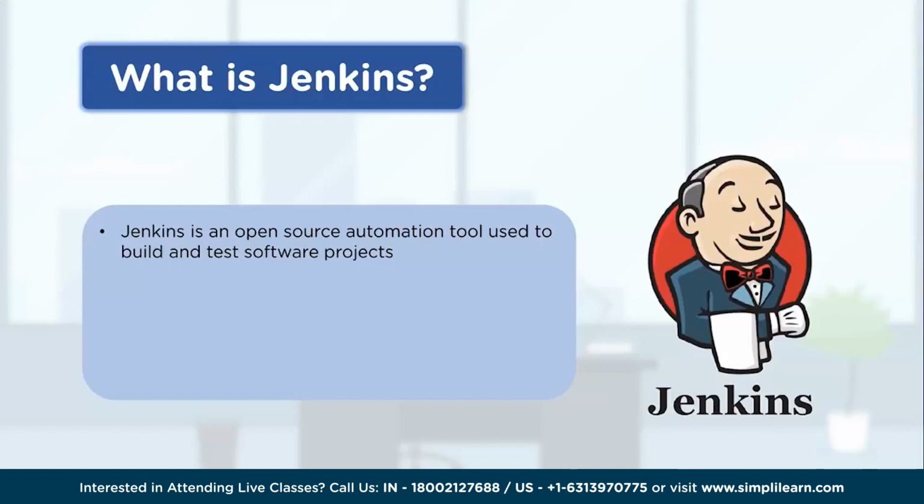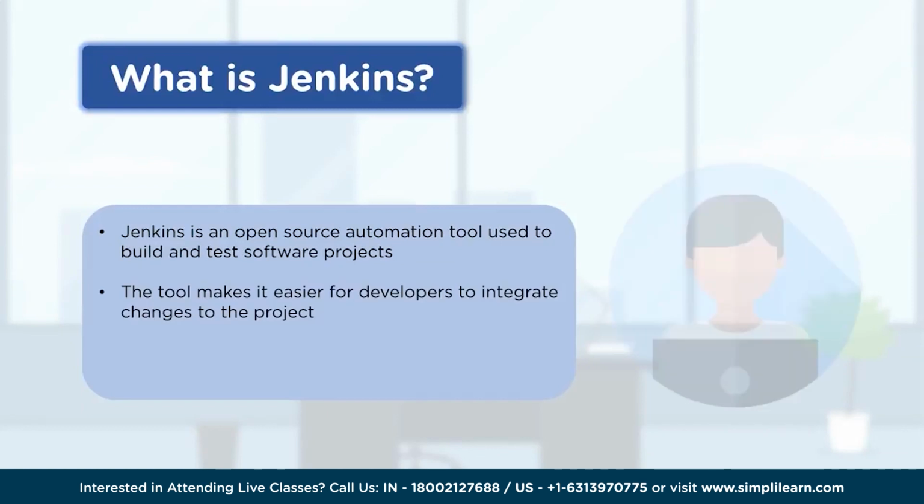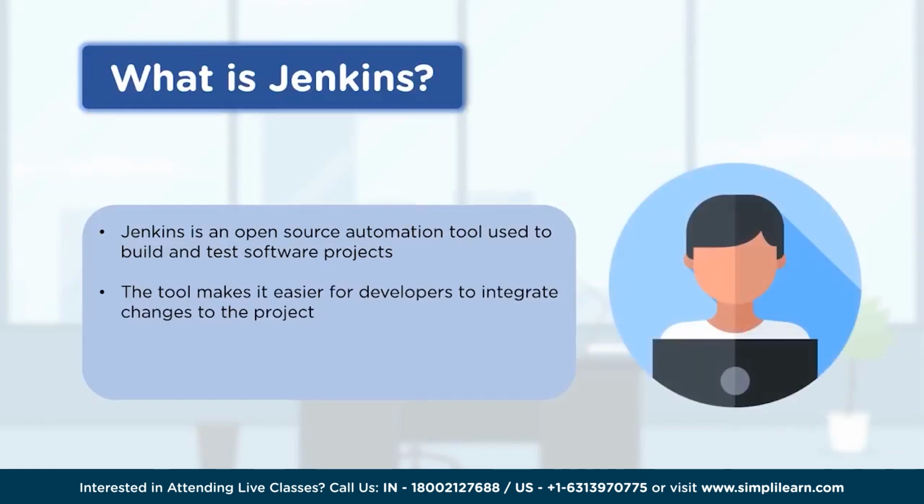Jenkins is an open source tool which a lot of organizations implement as it is. We have seen in a lot of big organizations that they are not going for an enterprise tool like CloudBees, and they are going for the core Jenkins software itself. This tool makes it easy for developers to integrate changes into the project.